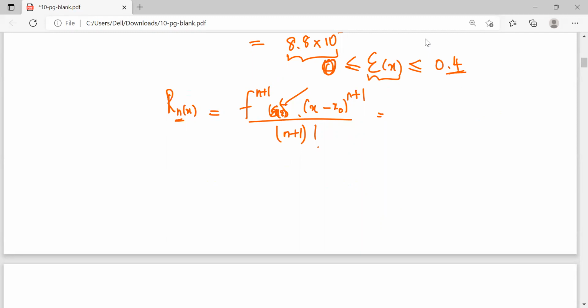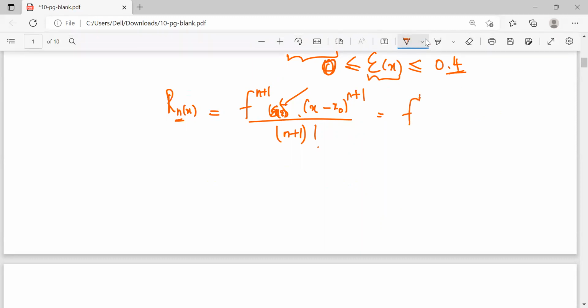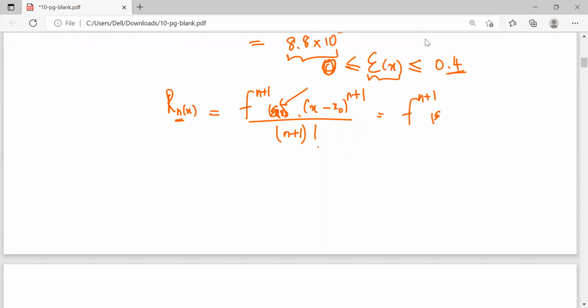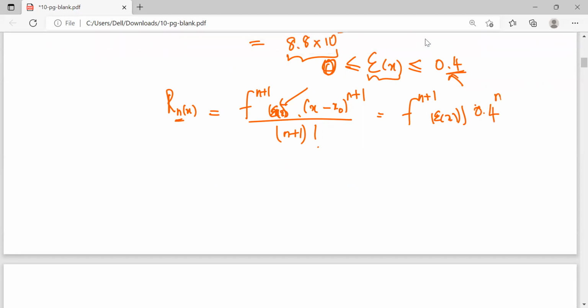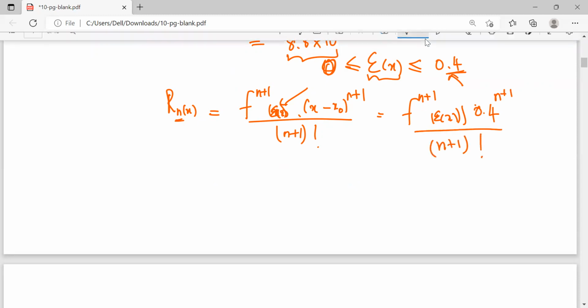So this is the range. And here for x, we already took 0.4, so you can directly substitute that: 0.4 minus x naught, which we already know is 0, to the power n plus 1, divided by n plus 1 factorial. So this is the error part we are going to get.